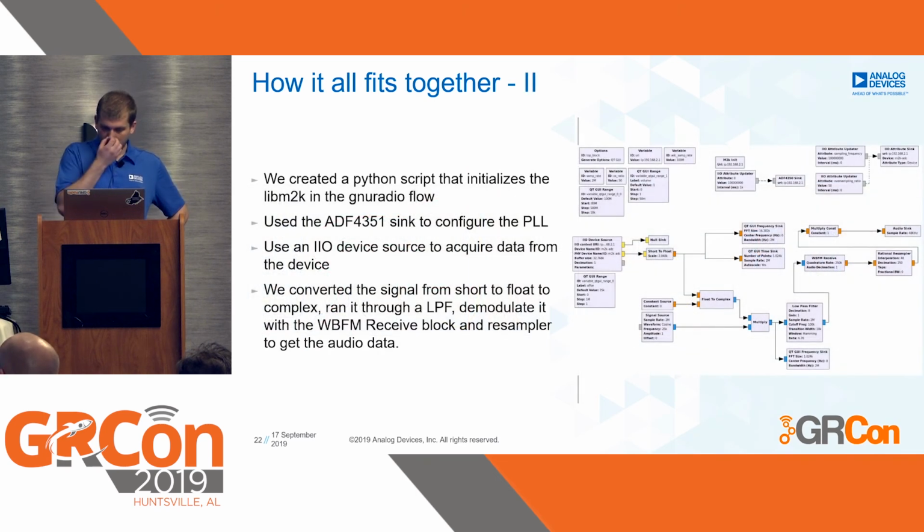In GNU Radio, we created a Python script to initialize the libm2k. We used the ADF4351 to configure the PLL. And we used the IO device source block in order to get the analog data from the device back into the GNU Radio flow. Then we used a bunch of signal processing blocks to demodulate the data and send it back to an audio sink.